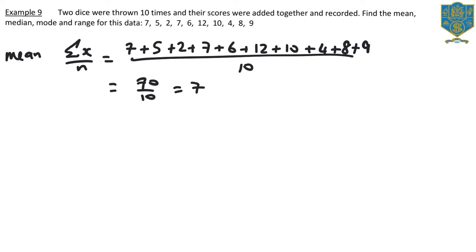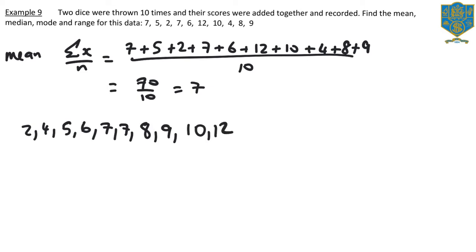To work out the median, we need to order the data. So whenever we write it in order, it's going to be 2, 4, 5, 6, 7, 7, 8, 9, 10, and 12. The median position is (n plus 1) over 2. So that's (10 plus 1) over 2. So that's the 5.5 term.